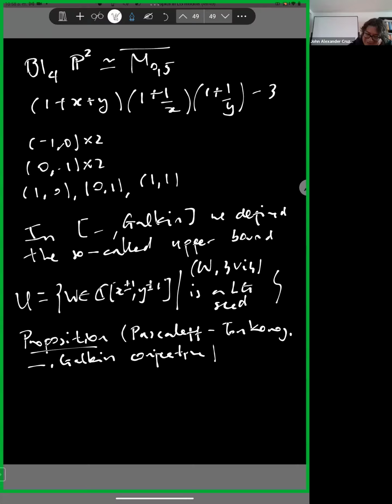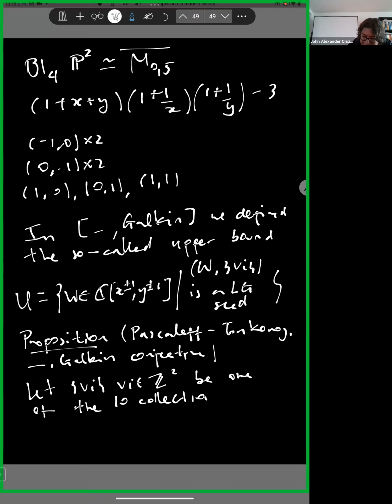So the proposition says the following. Let's take some collection of vectors, but this is not arbitrary. This is B1 of the 10 collections of vectors in this list.